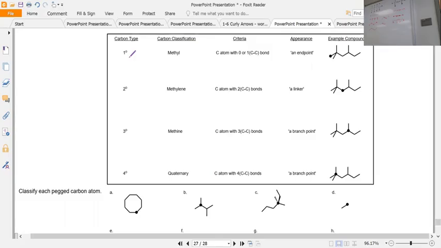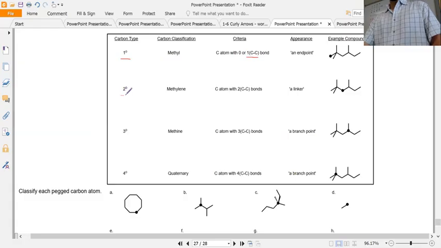And this is where Molly was maybe deciding, do I count the carbon-fluorine bond or not? So as I said, Molly, what you were doing will become pertinent. This is where it becomes pertinent. You're only counting carbon-carbon bonds. 1 carbon-carbon bond is a primary.